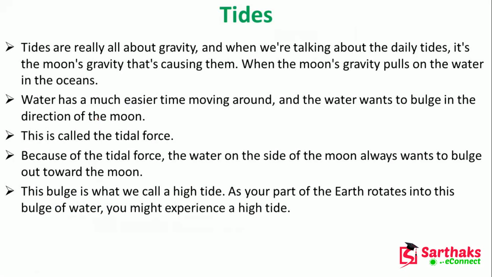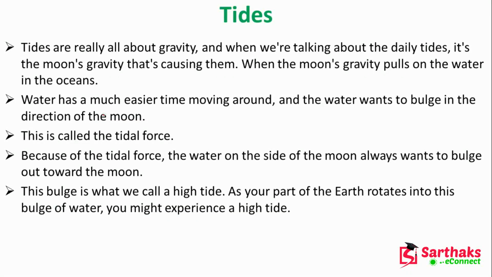So tides are really all about gravity. When we are talking about daily tides, it's the moon's gravity that's causing them. Already I have discussed how the moon's gravitational force or pull causes the bulge in the water bodies.